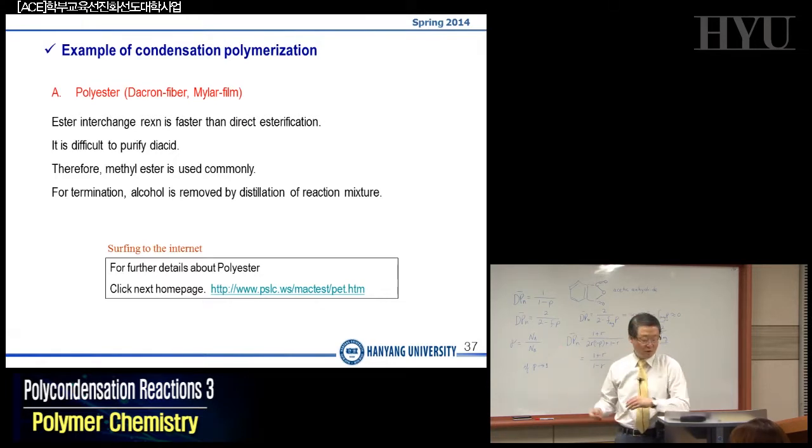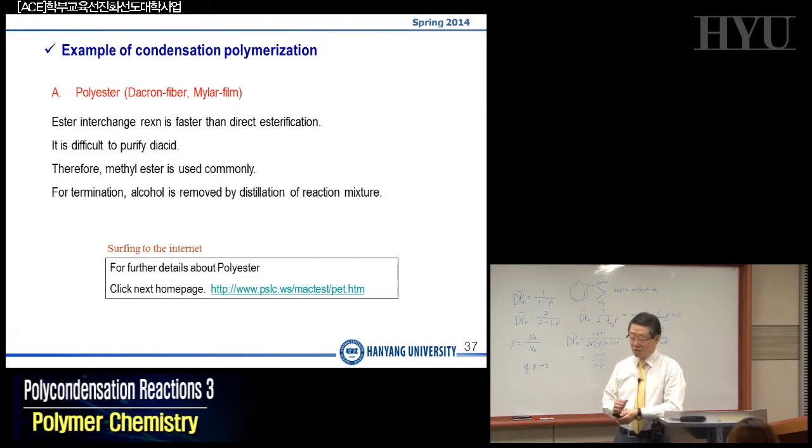I think we have already talked about this polyester, but you can make this polyester by using the ester interchange reaction, okay? Because the ester interchange reaction will be much more plausible, because the byproduct condensate will be the alcohol. Alcohol has a lower boiling point than water if you use the acid.